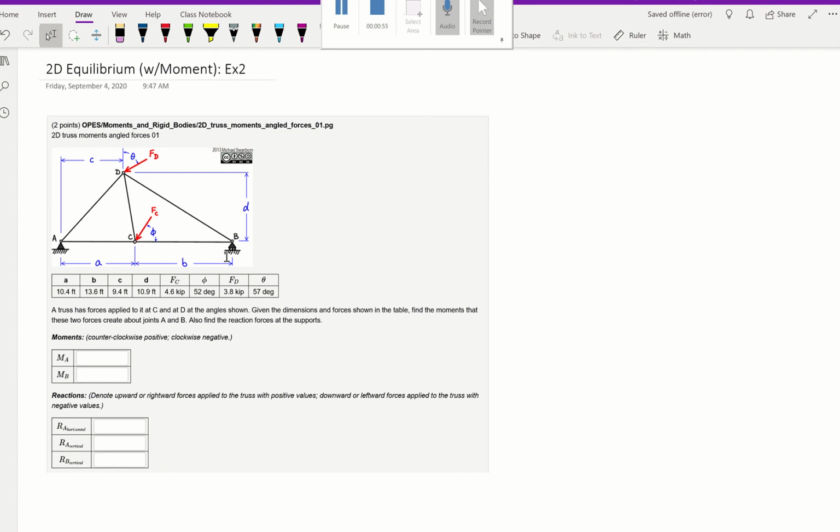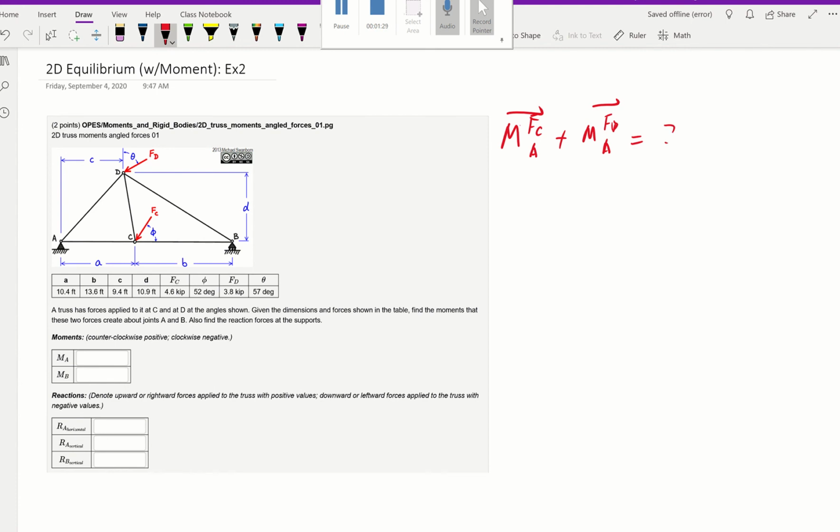They want us to find the moment of FC rotating about A, and also the moment of FD rotating about A. That's what they ask us to solve first.